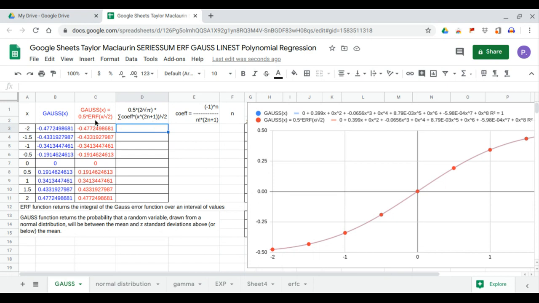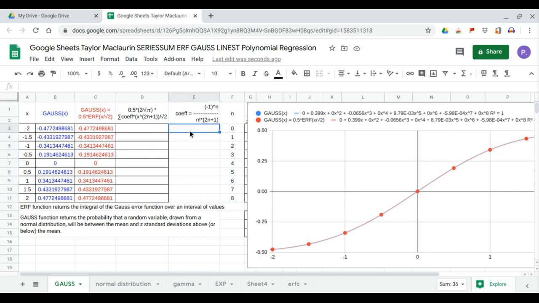The 0.5 is factored in here, and the square root of 2 is factored in here. And the values of the coefficient we can calculate for n values starting from 0 to 1, to infinity. In this case, we'll just limit to our dataset. You can still get a good approximation.